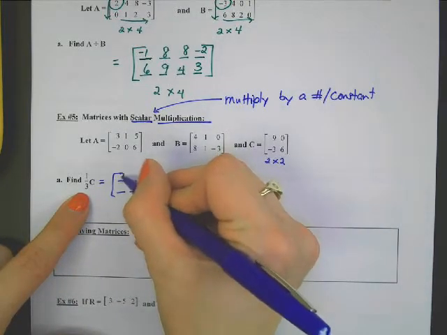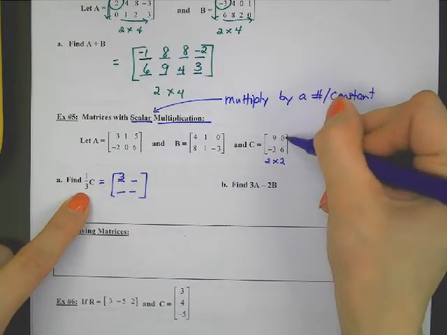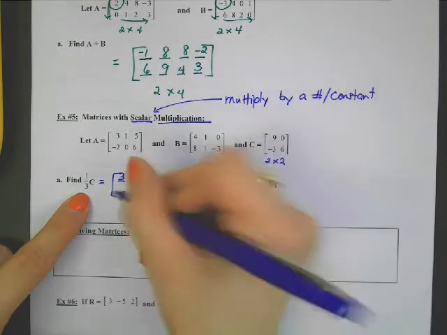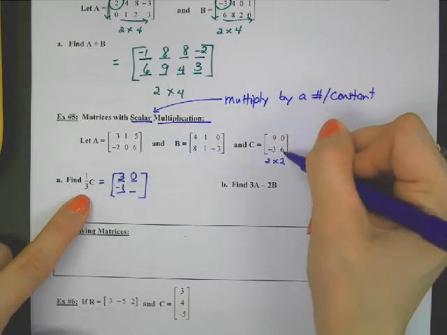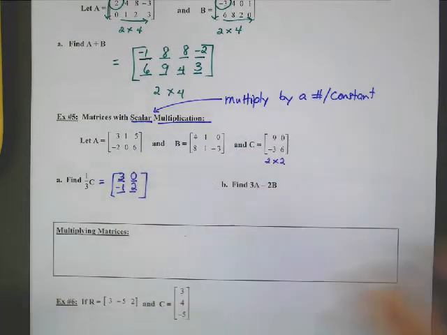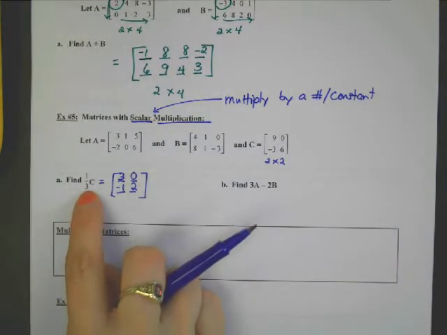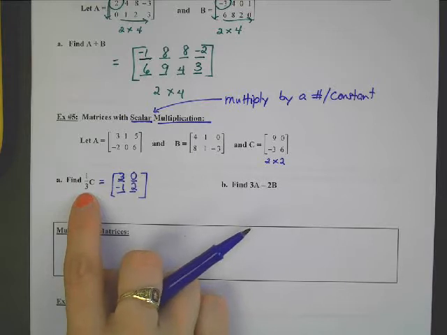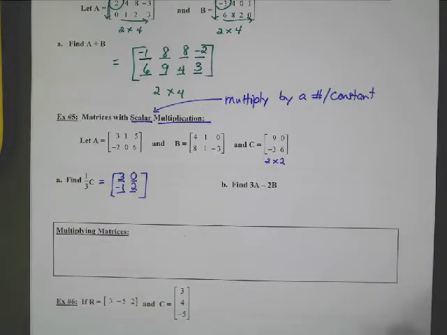That's going to make a 3. 1/3 of 0. That's going to make a 0. How about -3 divided by 3? That makes -1. And 6 divided by 3 makes a 2. So scalar multiplication means every entry in matrix C gets divided by 3, or multiplied by a third, same thing.